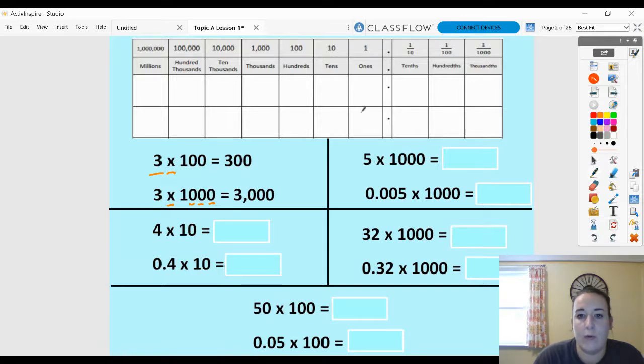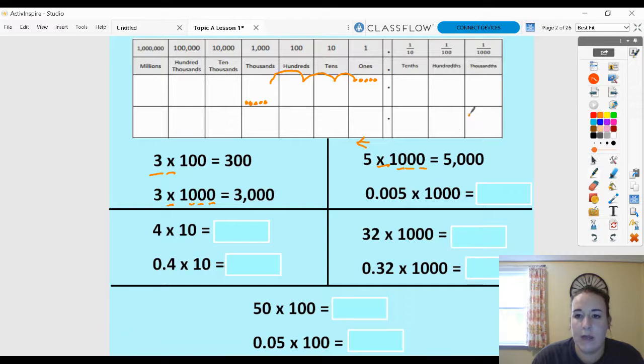So if we start off with 5 in our ones place and we multiply by 1,000, we have 1, 2, 3 zeros. So I end up with my 5 disks here. So I end up with a number of 5,000. Now, what if we started with 5 thousandths, meaning down here in the decimals place?